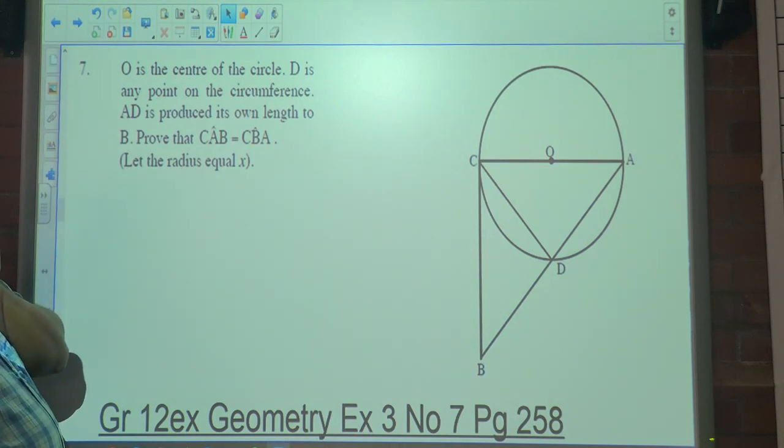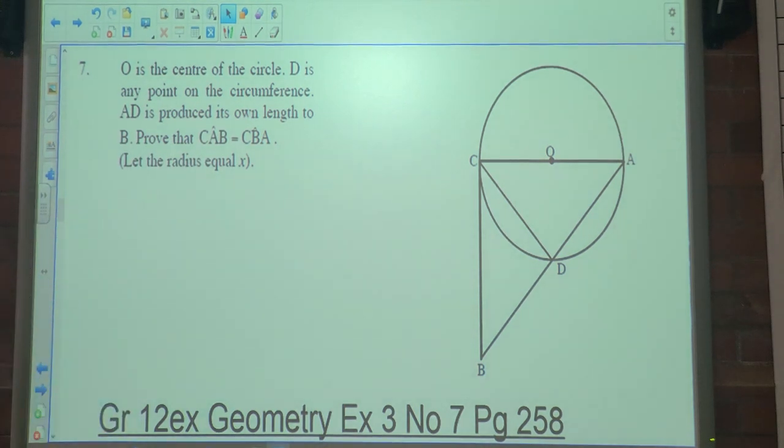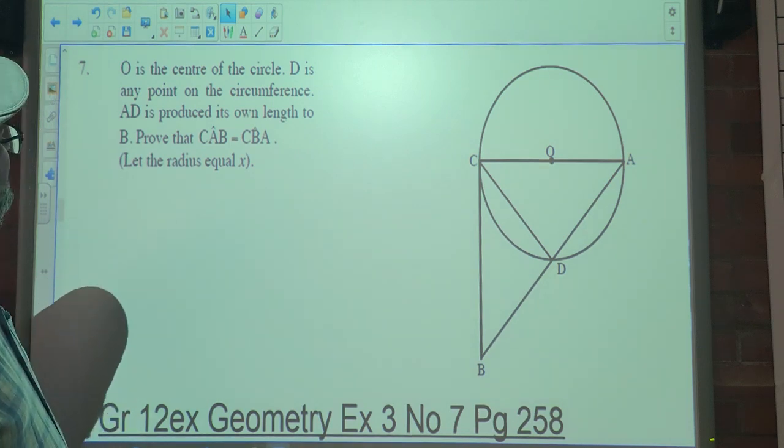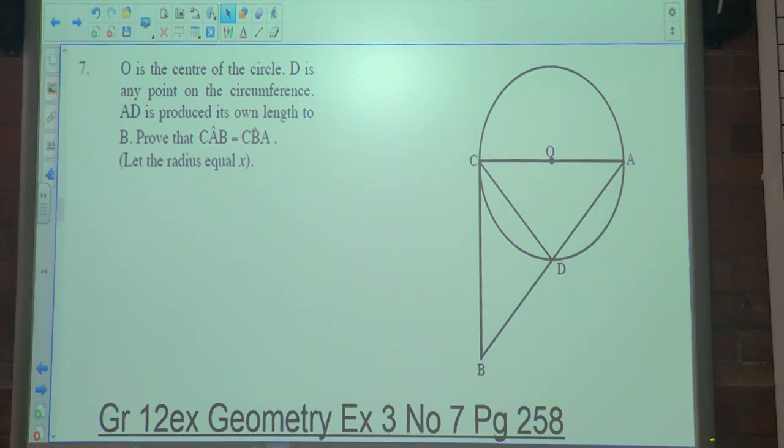Lisa Khan is closing her mouth in surprise, not because she's tired and yawning. Yes, Maja, what does that mean? People, anybody, what does that mean when they say that AD is produced its own length?